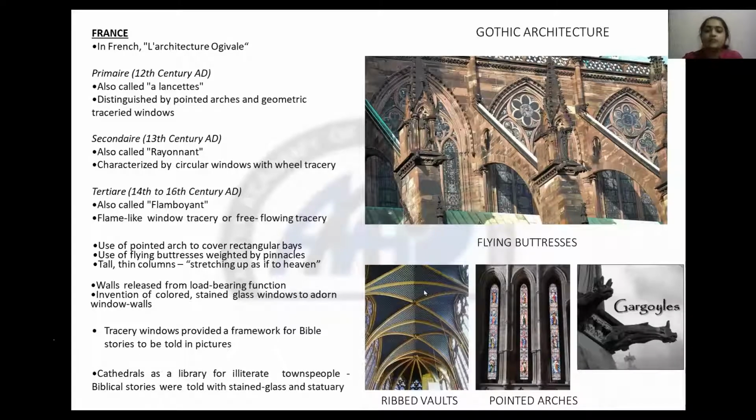Like you have the vault beneath which they give support using ribs, so that is called ribbed vaults. Flying buttresses were developed in the previous era, but the prominent use of flying buttresses was in Gothic architecture. When you see flying buttresses, it's mostly a Gothic architecture building.